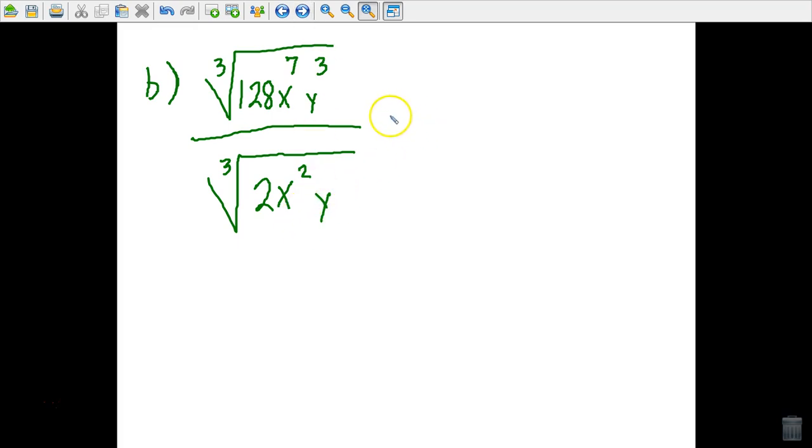Okay? And this problem is very similar because if I notice these numbers, 128 is divisible by 2 evenly. I can consolidate these two different x's being divided using the principle of division of like bases, like we did previously. Same thing for the y's.